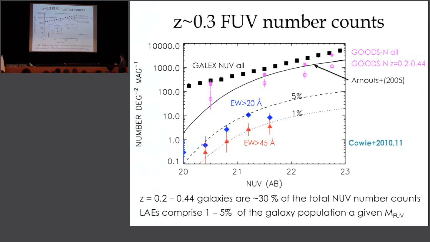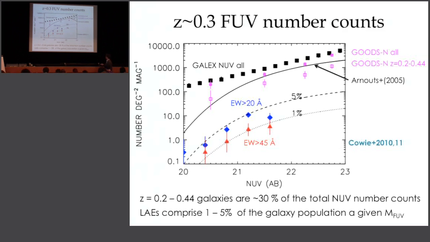If you look at the blue points, this is the number counts for Lyman-alpha selected galaxies, galaxies with Lyman-alpha emission lines of equivalent width greater than 20 angstroms, and in red, greater than 45 angstroms. And these dashed and dotted lines are simply this curve for the whole number counts multiplied by 0.05 and 0.01.